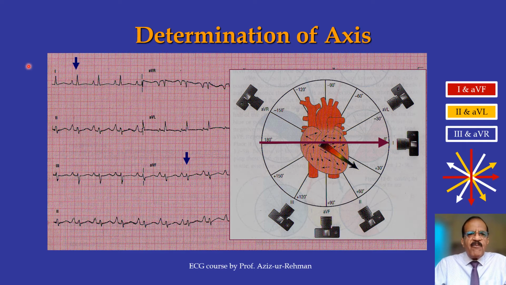Now the third step, we go to AVF again and see which deflection is bigger. In this case, the downward deflection is bigger. So we will turn the axis by 15 degrees toward the negative electrode of AVF. So in this case, the mean frontal cardiac axis is minus 15.